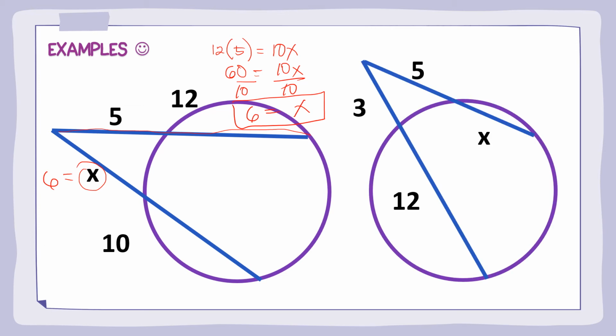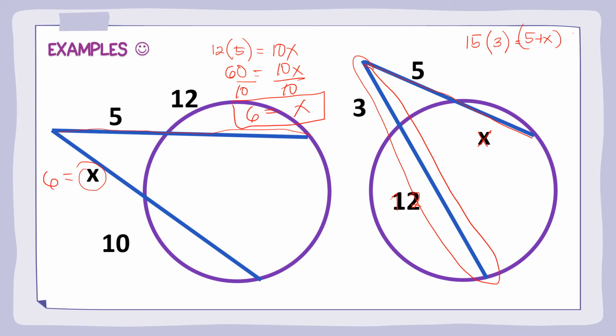Another one. Ayan, nasa loob lang to. Ito rin, nasa loob lang. Ibig sabihin, ng isang buo neto ay 15 times nasa labas is equal to isang buo, which is 5 plus x times nasa labas. 15 times 3 is 45.